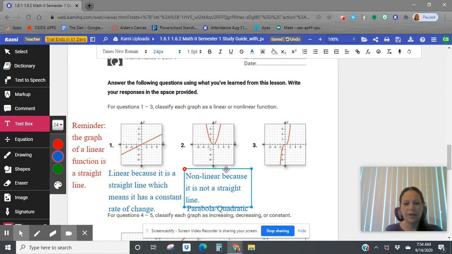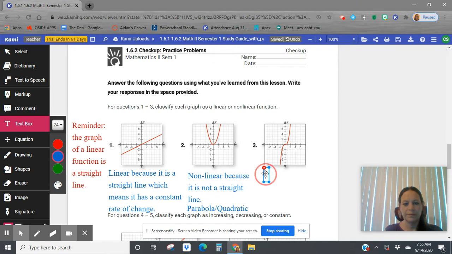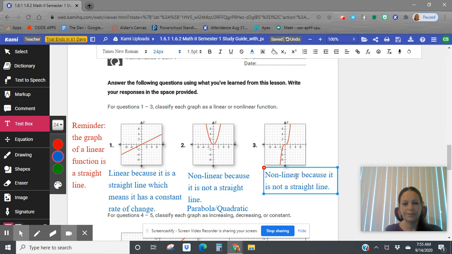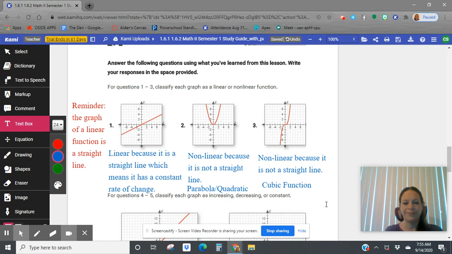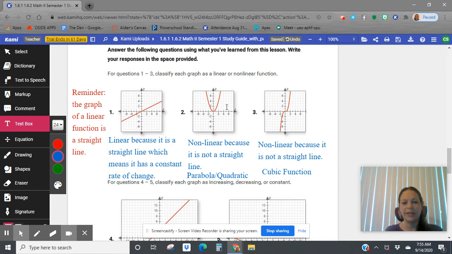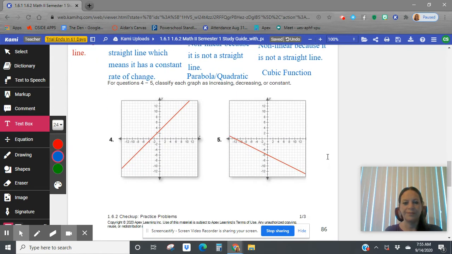Finally, this last one is also nonlinear because it's not a straight line. And in fact, this one is a cubic function, which you are going to be learning about in Math 3. So linear because it's a straight line, nonlinear, nonlinear.